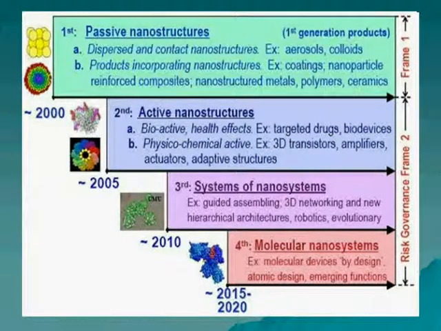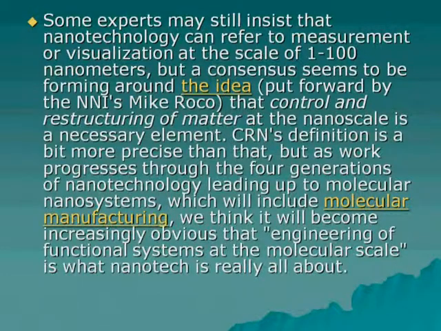Let's see what happens. Some experts may still insist that nanotechnology can refer to measurement or visualization at the scale of 1 to 100 nanometers. So we can say that nanotechnology is all about the engineering of functional systems at the molecular scale.